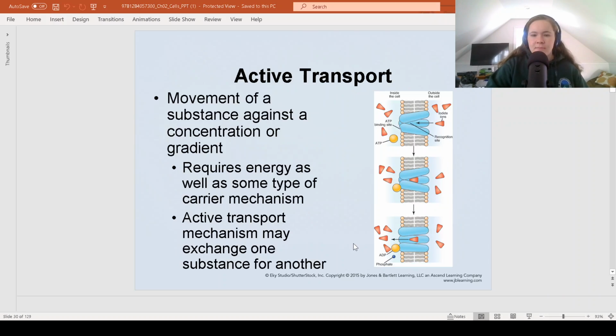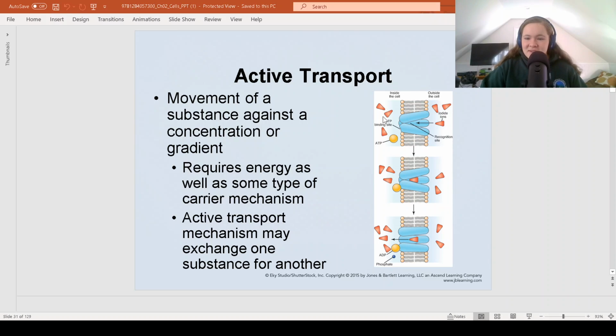Active transport is the movement of a substance against a concentration gradient, and this requires energy as well as some type of carrier mechanism. An active transport mechanism may exchange one substance for another. You can see this takes energy.